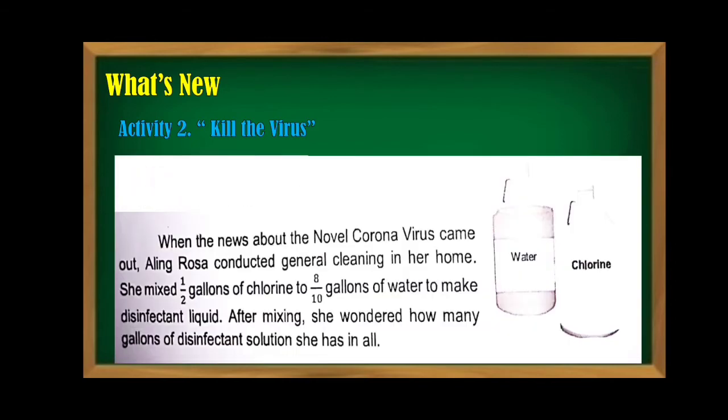The next part in this module is What's New. So the activity is Kill the Virus. The problem is when the news about the novel coronavirus came out, Aling Rosa conducted general cleaning in her home. She mixed 1/2 gallons of chlorine to 8/10 gallons of water to make disinfectant liquid.